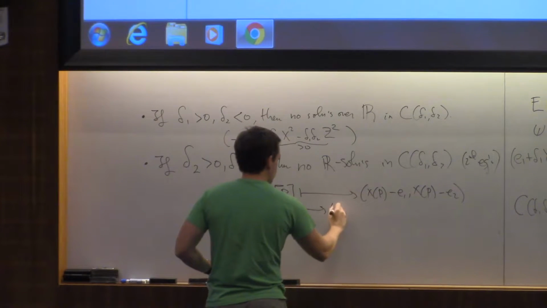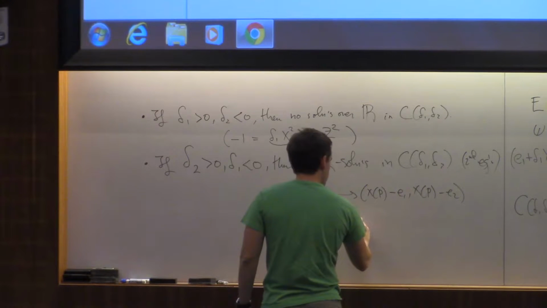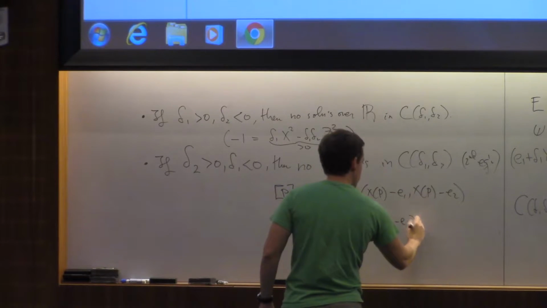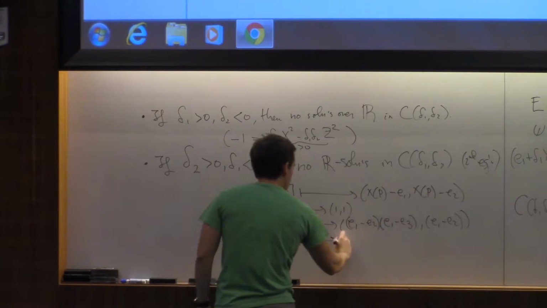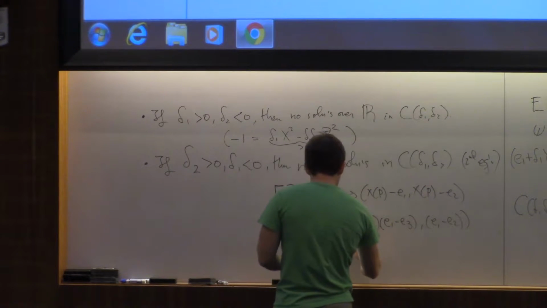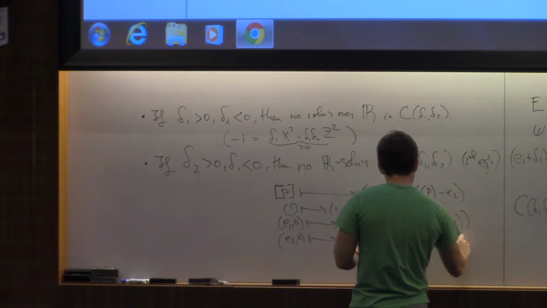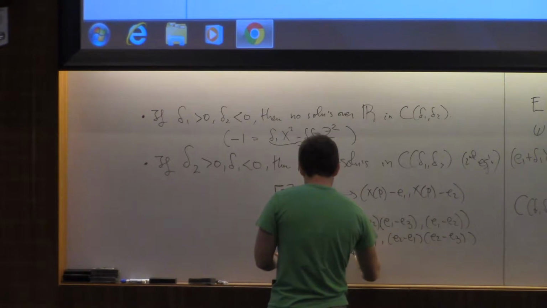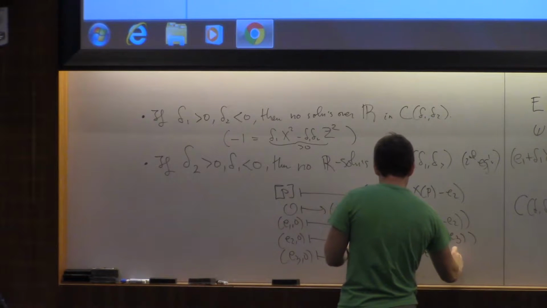So O goes to (1, 1). (e1, 0) goes to (e1 minus e2) times (e1 minus e3), comma, (e1 minus e2). (e2, 0) maps to, here, (e2 minus e1), comma, (e2 minus e1)(e2 minus e3), and (e3, 0), this guy maps to (e3 minus e1), comma, (e3 minus e1)(e3 minus e2).